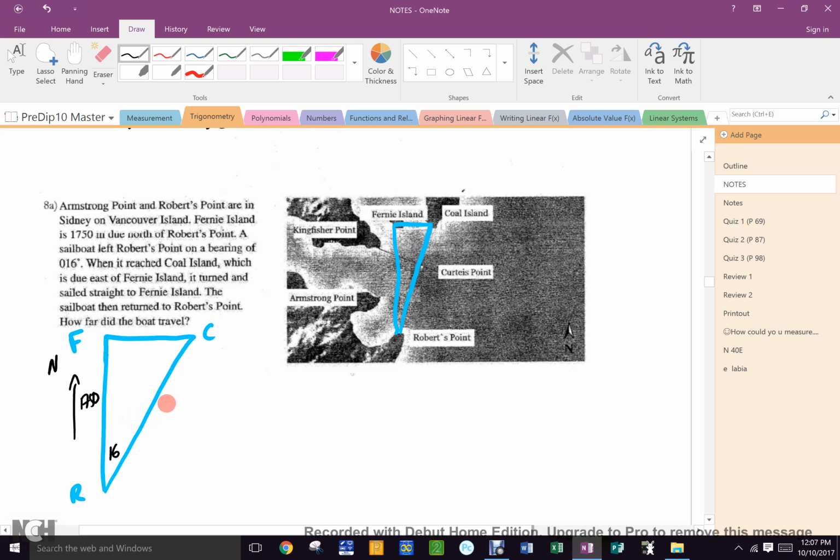So to find this side is 1750 divided by cos 16. And then this last side is opposite over adjacent. 1750 tan 16 plus the last side, which we knew to be 1750. And then you added it all up. That's the way I would have done it.